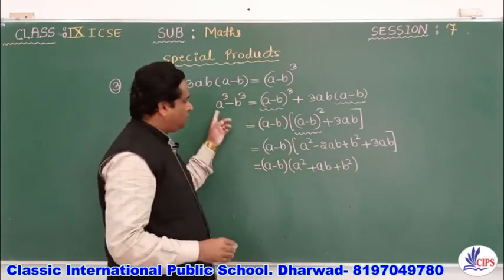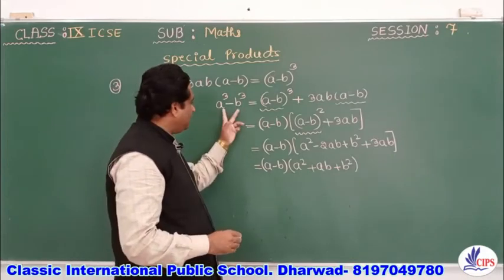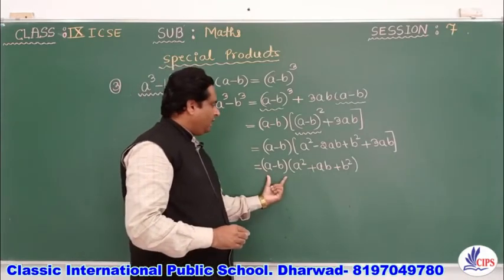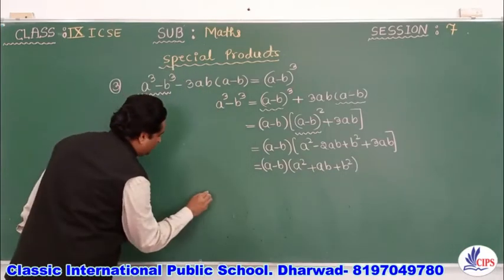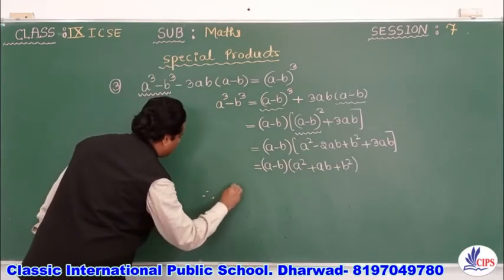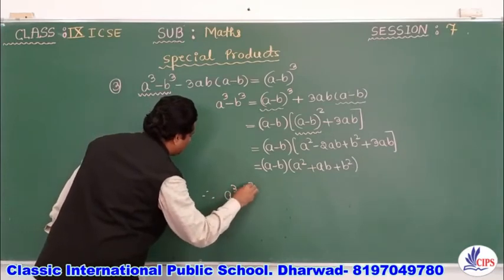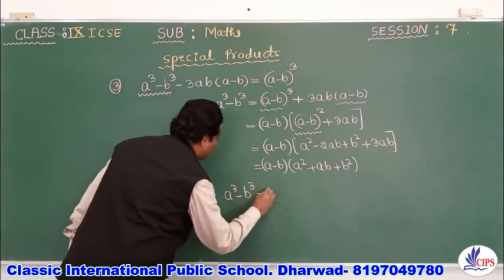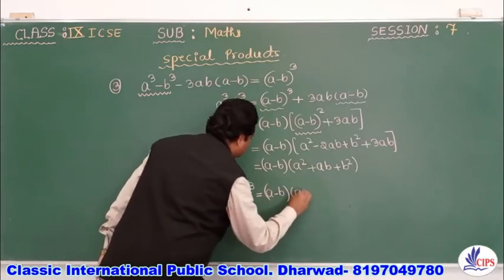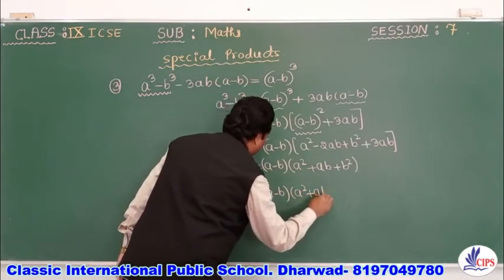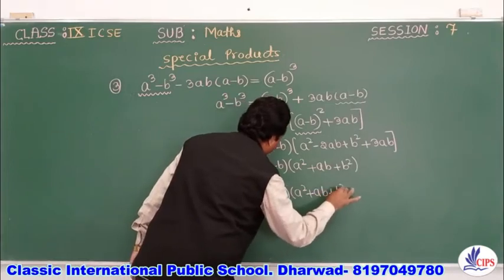This is also one of the special product, that is a cube minus b cube is equal to a minus b into a square plus ab plus b square. This special product you have to remember. a cube minus b cube is equal to a minus b into a square plus ab plus b square.